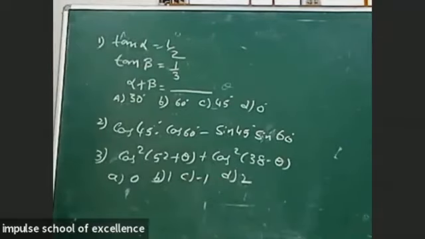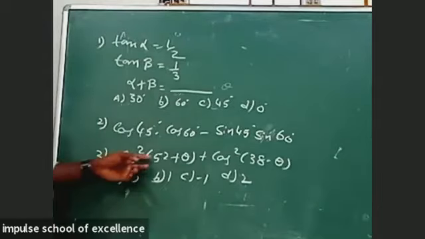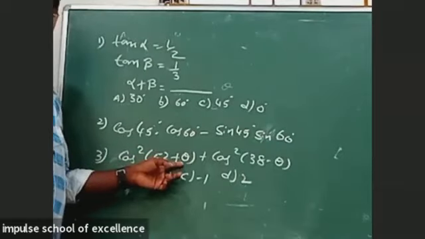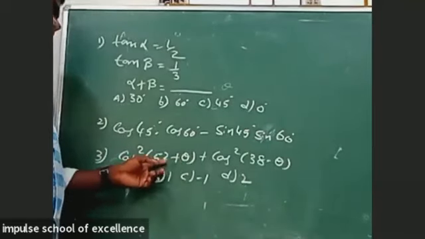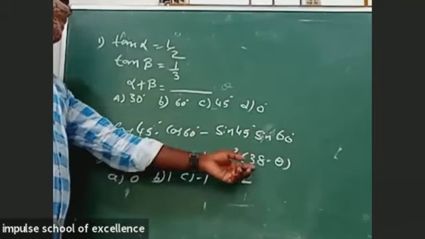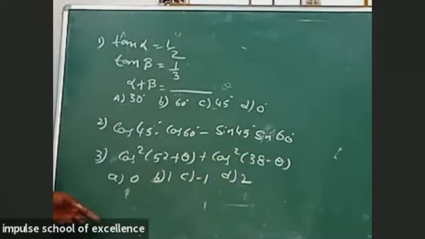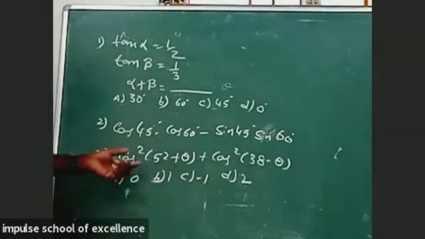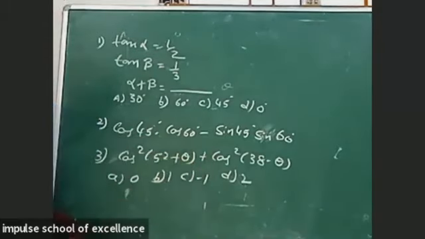Sir, option B, 1. Very good, ma'am. So how to solve this: cos square 52 plus theta, we should take 90 minus theta. So we will get sin 38 degrees minus theta. So these two values will go into taking is equal to 1.